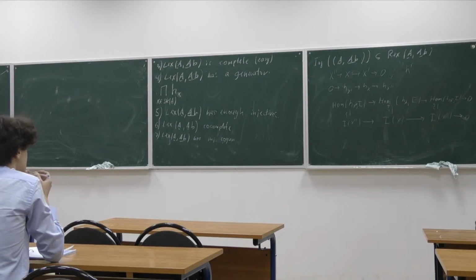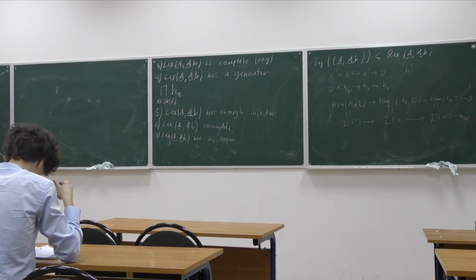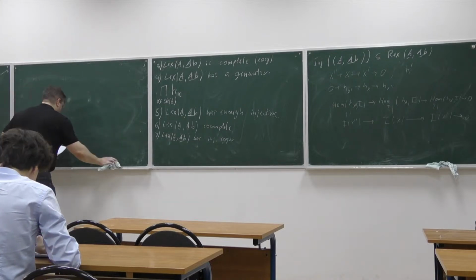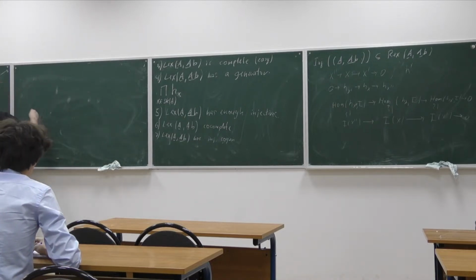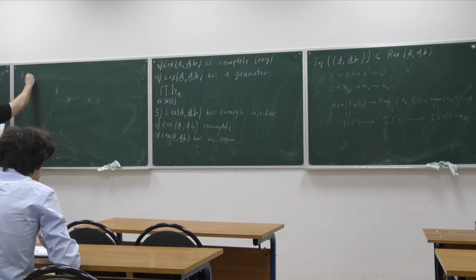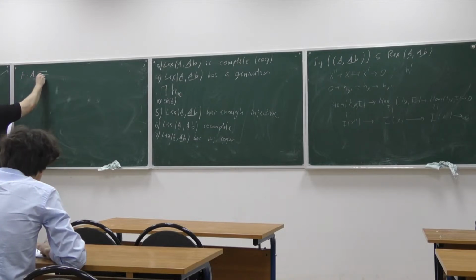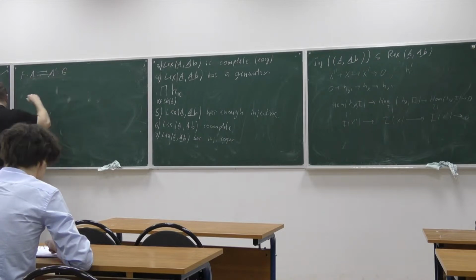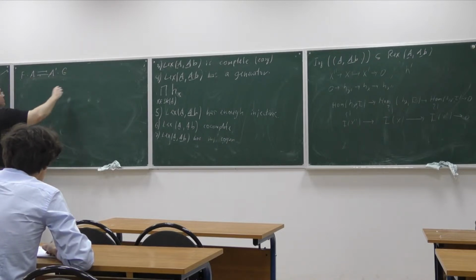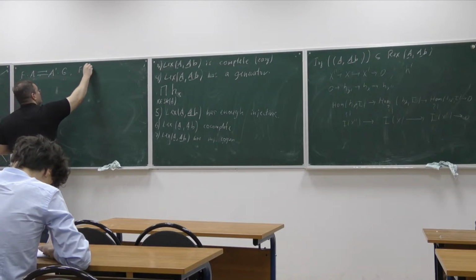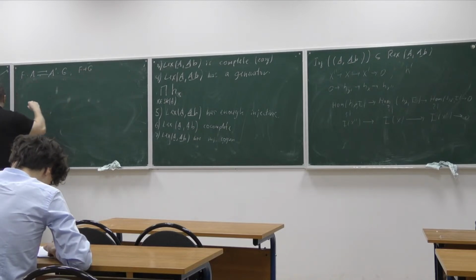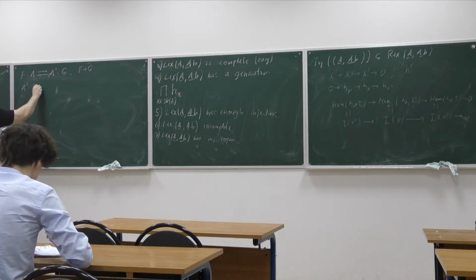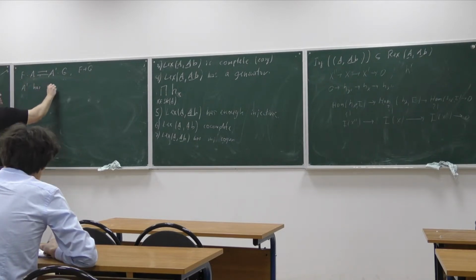Yeah, so the next problem is not so easy, but I think it's useful in the applications. So here is the situation. You have two functors between two abelian categories, F and G, and these functors are adjoint. F is left adjoint, G is right adjoint, and we assume that A prime has enough injectives.